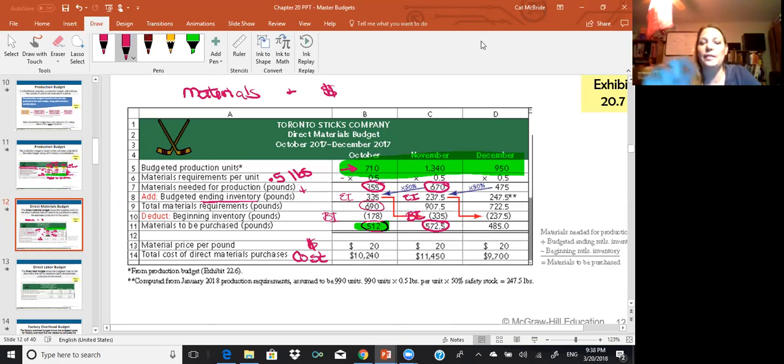I need to do that this month because that material needed for production in November starts with my budgeted units and my 50%, so 670, because I'm going to keep half of it as ending inventory. Okay.